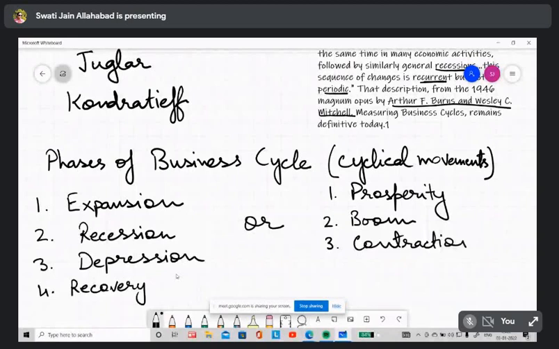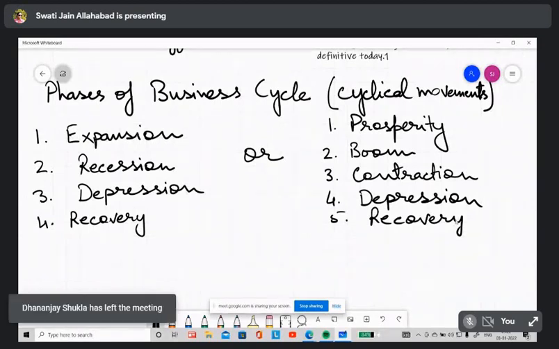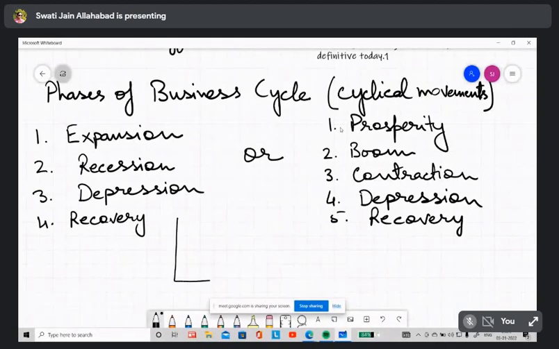So there are two ways in which we can talk about phases of the business cycle. You can talk about four phases, or you can talk about five phases, and there will be repetition. After recovery, again there will be expansion, or prosperity. So the cyclical movement will keep on taking place. The economic activities will always be moving like this.